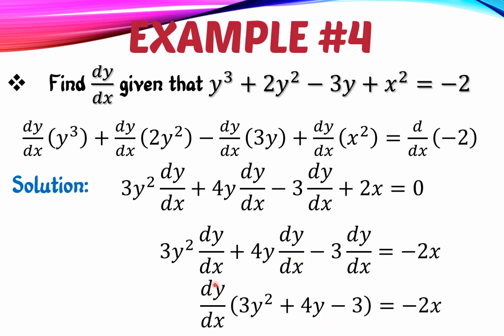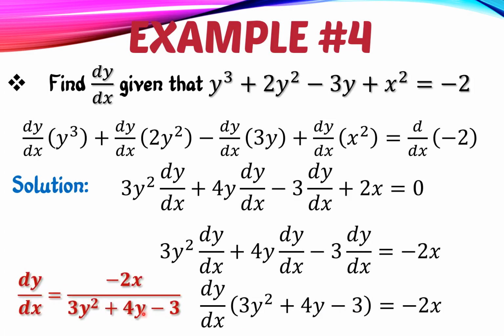And then solving for dy dx, we just simply divide both sides of the equation by this expression. And our final answer will be dy dx is equal to negative 2x over 3y squared plus 4y minus 3. I hope you follow the procedure. Okay?